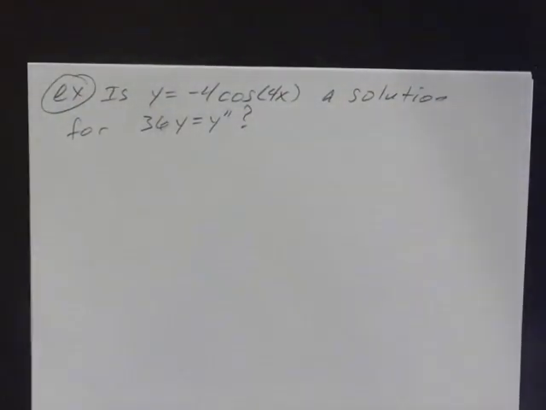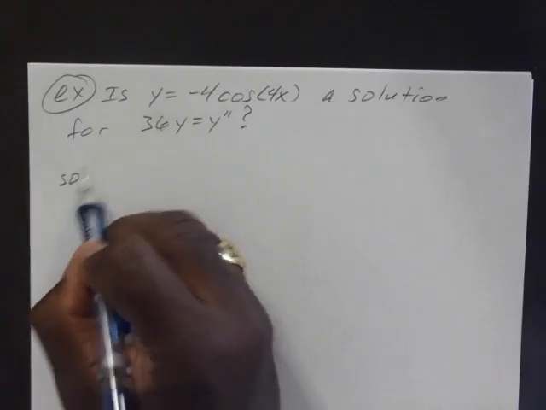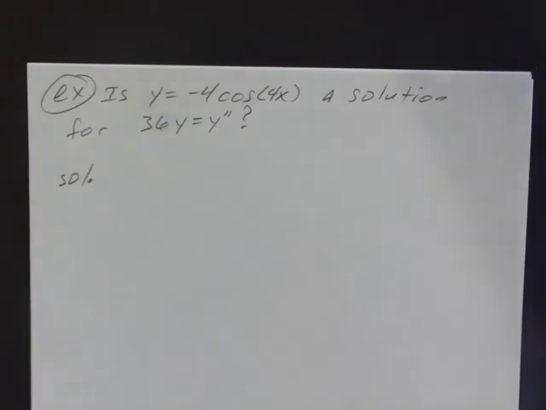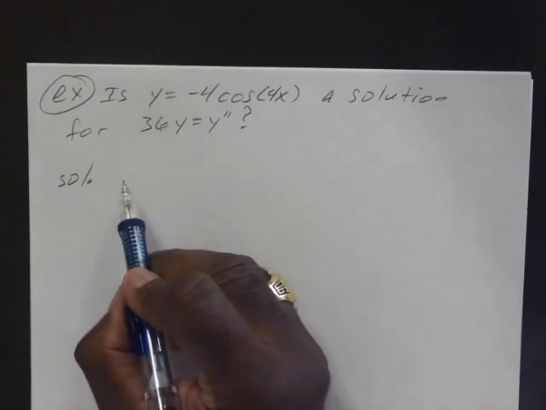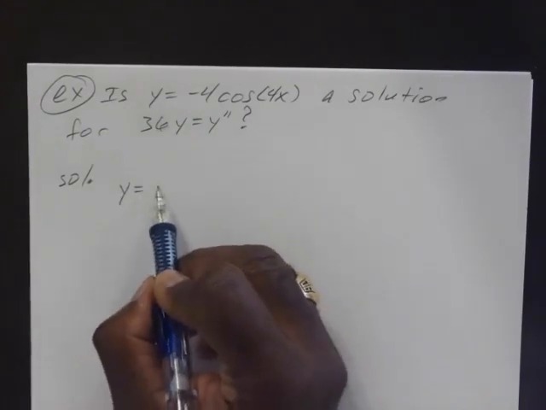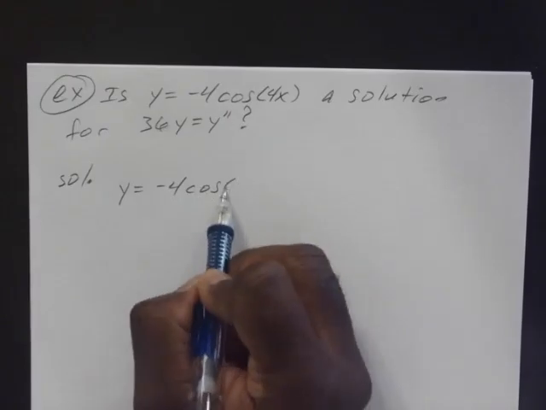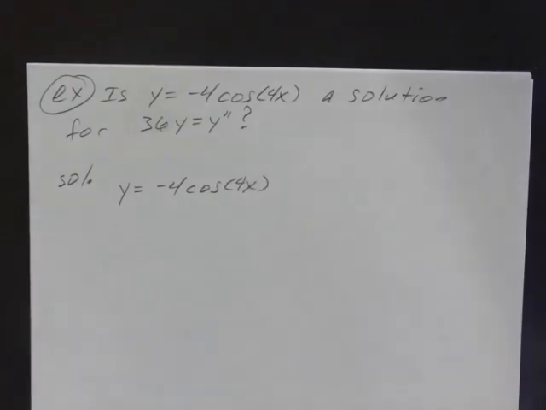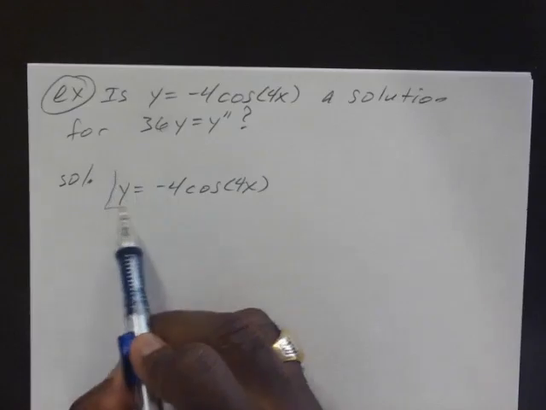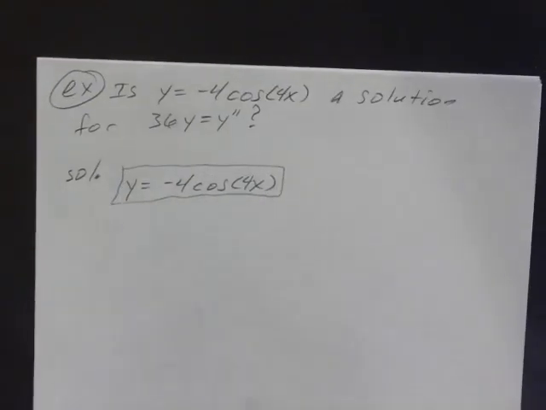There we go. Okay, so we know that y is equal to negative 4 times cosine 4x. We're going to need to plug that in, so we're going to just go ahead and draw a little rectangle around it.